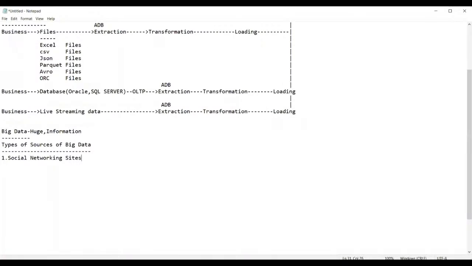So what are social networking sites, guys? Social networking sites are nothing but you have WhatsApp, you have Facebook, you have Twitter, and you also have LinkedIn.